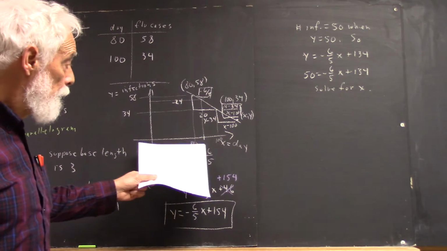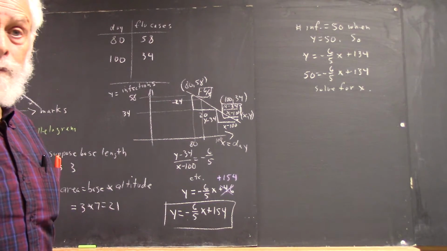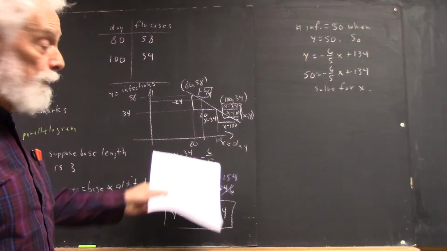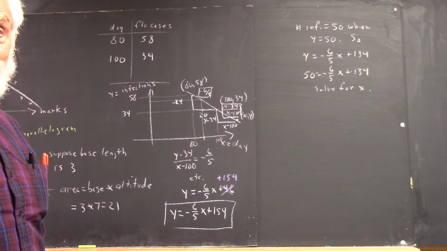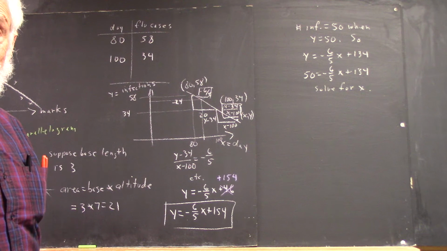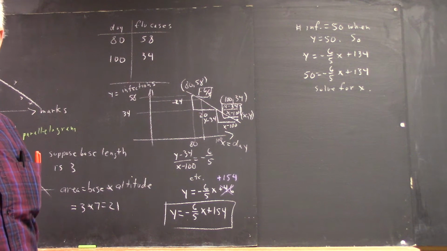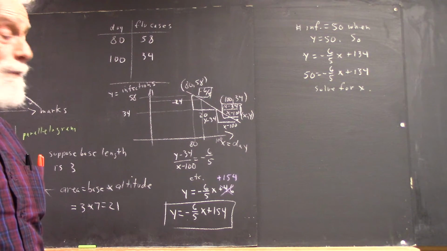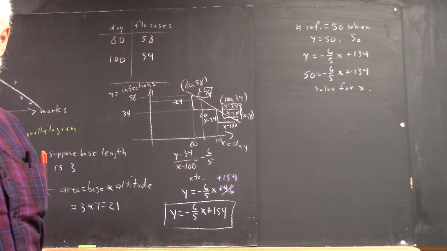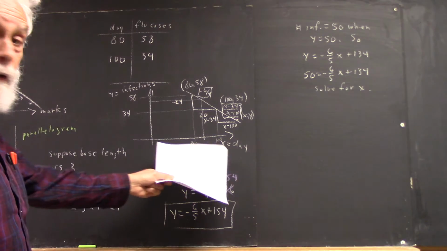So what does it look like X ought to be? Between 80 and 100, which one is it closer to? It's going to be closer to 80, right?